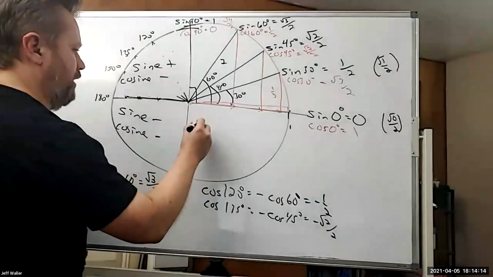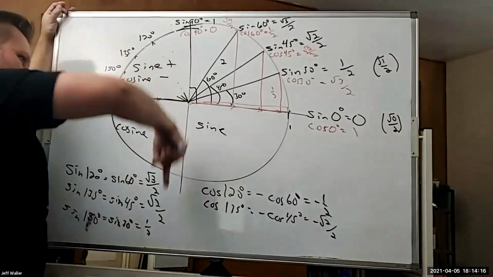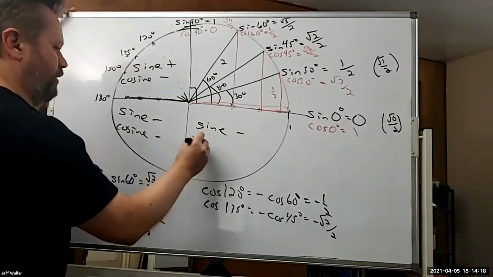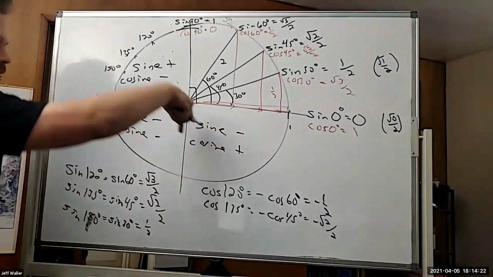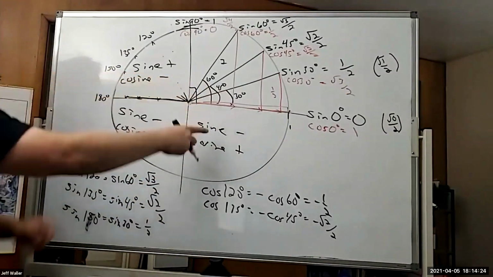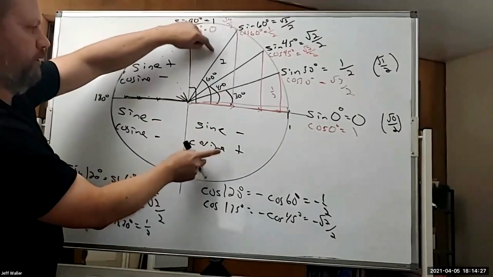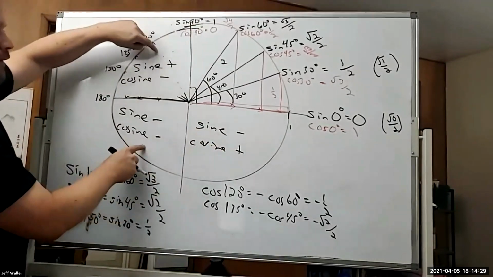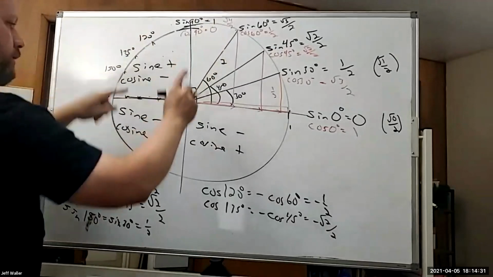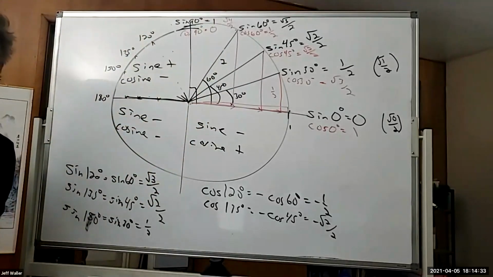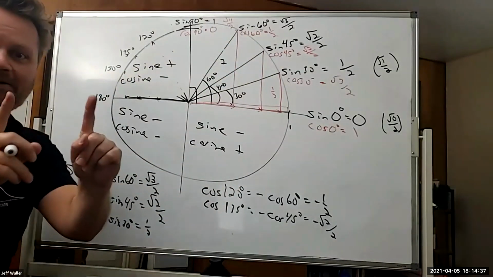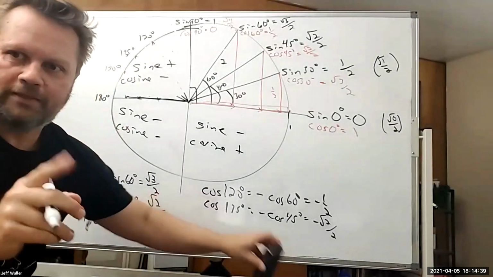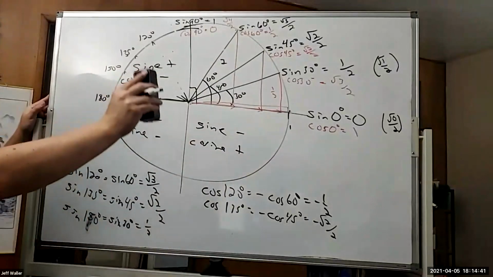What's true here? Sine will be negative and cosine will be positive. Sine likes y, cosine likes x. Cosine is positive here, negative here. Sine is positive here, negative there. What are the values? These freaking values, right? Now, I'm going to erase all this, you ready?